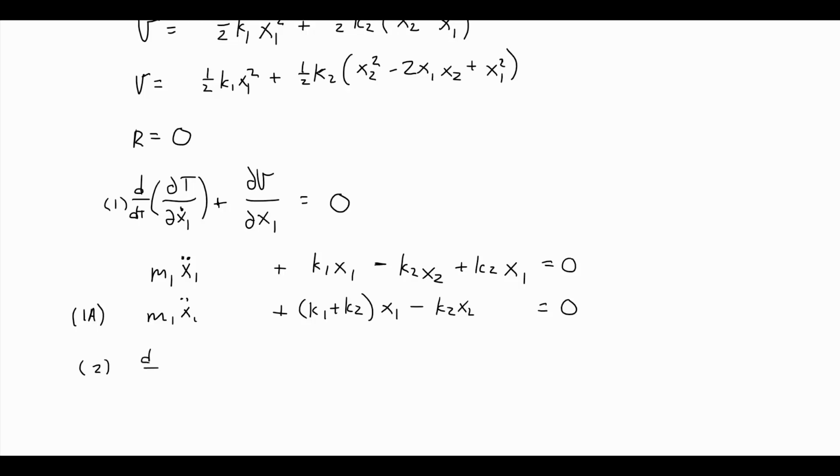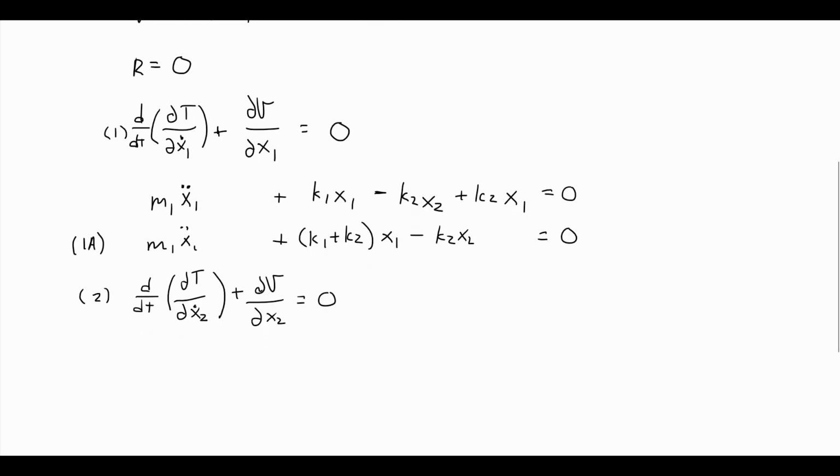Now our second equation of motion comes from doing the same process, but with the other independent degree of freedom, x2. And our right-hand side, still 0. All right, so we differentiate T with respect to ẋ2.